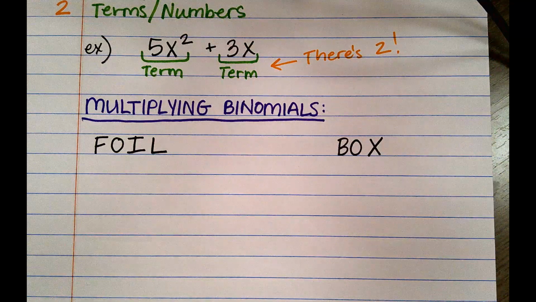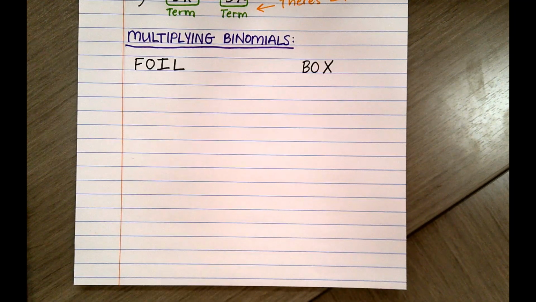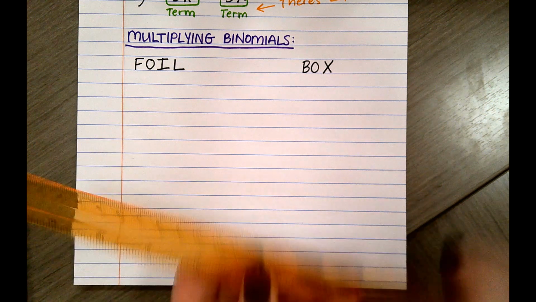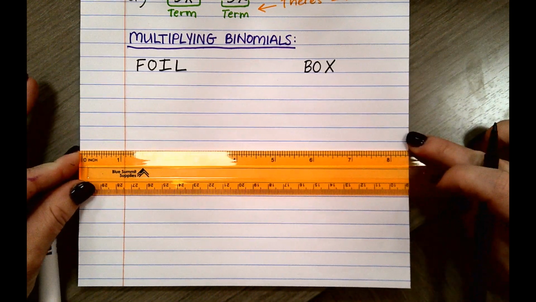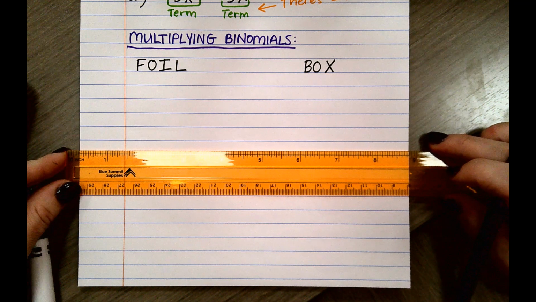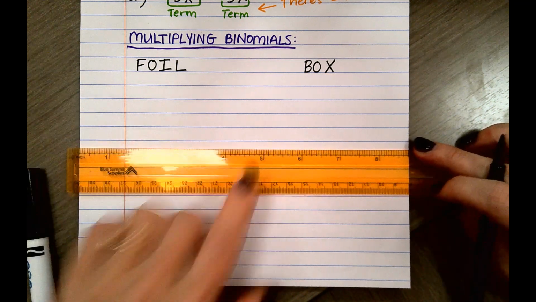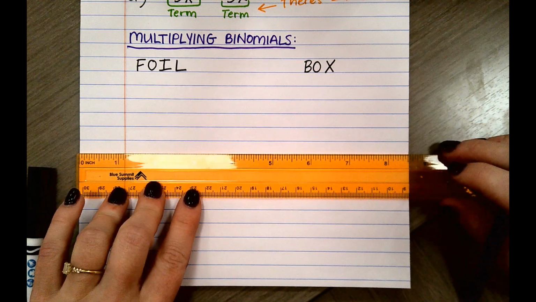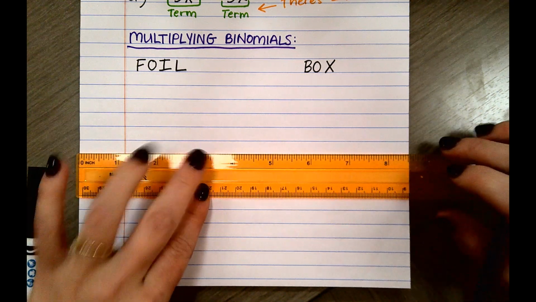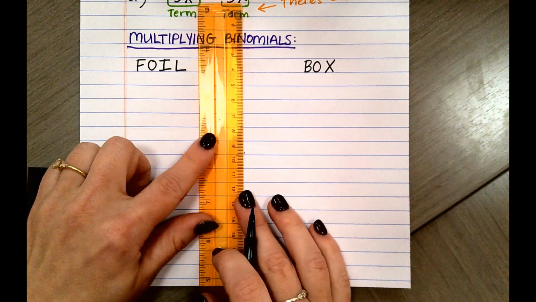For the rest of my page, I'm going to take a ruler and draw a line down the middle. The page is 8.5 wide, so 4.25, about 4 1/4, is the middle.